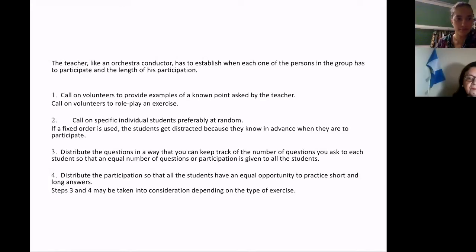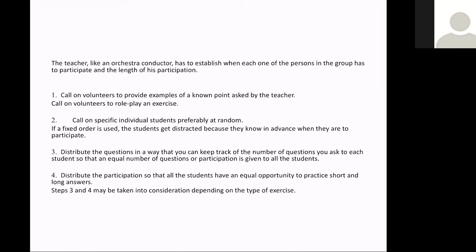Okay, that was great. Thank you. So the teacher is, like it says here, like an orchestra conductor. Last week we were traffic directors. Now we're orchestra conductors. And we have to establish when each person in the group has to participate and the length of their participation.